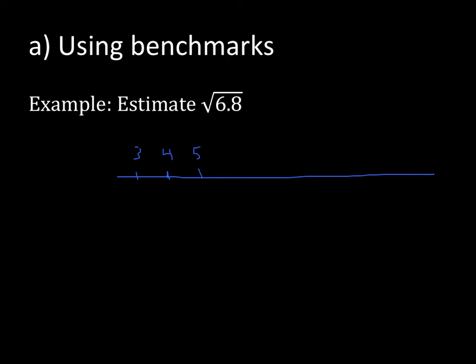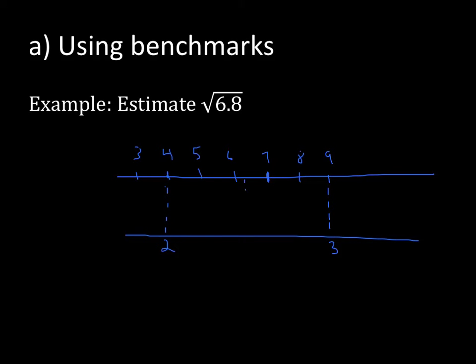So in this case, and bear with me with regard to my drawing skill or the lack thereof, I know that 6.8 lies between the perfect squares of 4 and 9. And so I know that the square root of 4 is 2, and that the square root of 9 is 3.